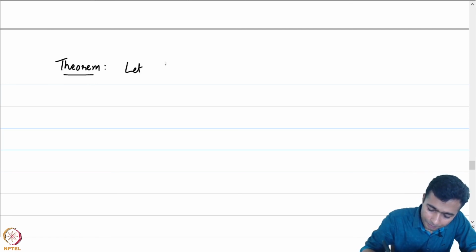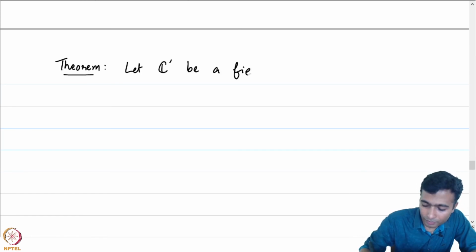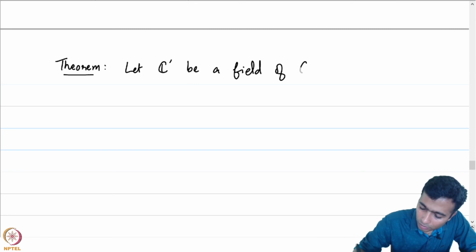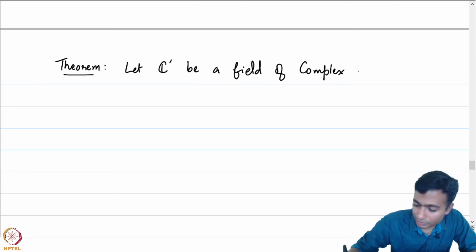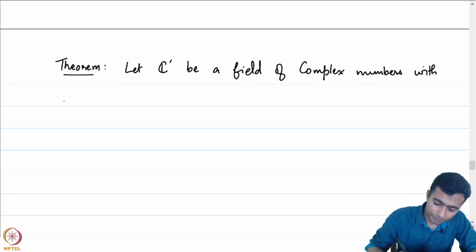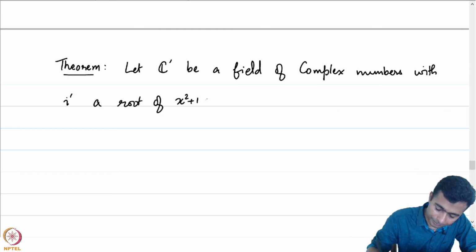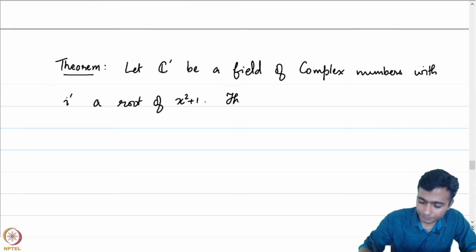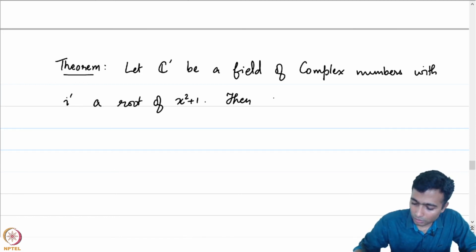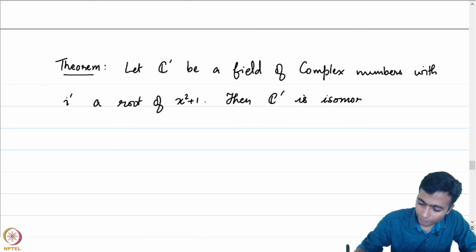Let C prime be a field of complex numbers with i prime a root of x squared plus 1. Then C prime is isomorphic, field isomorphism, to C.